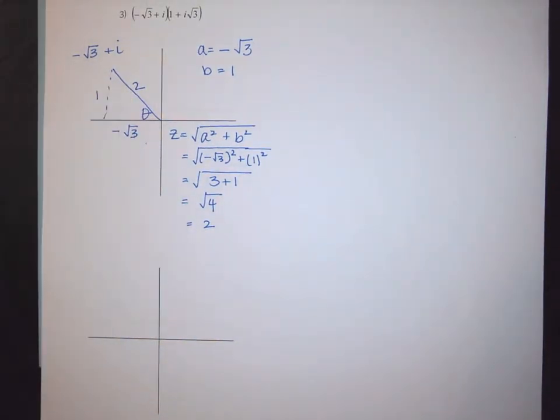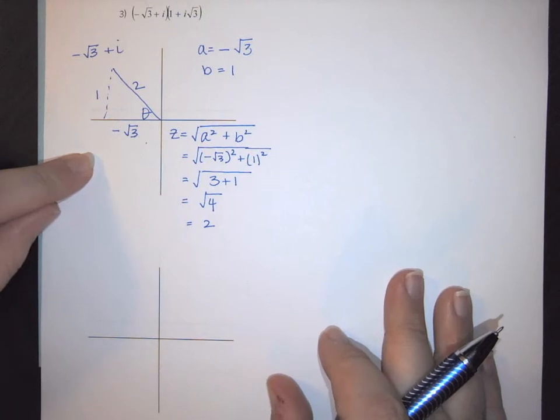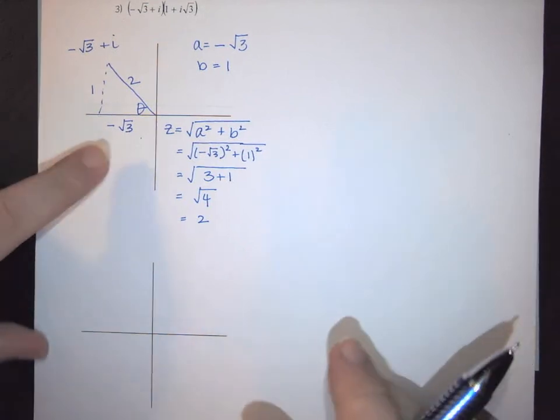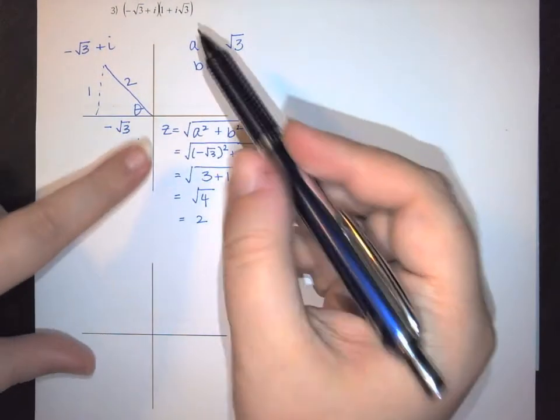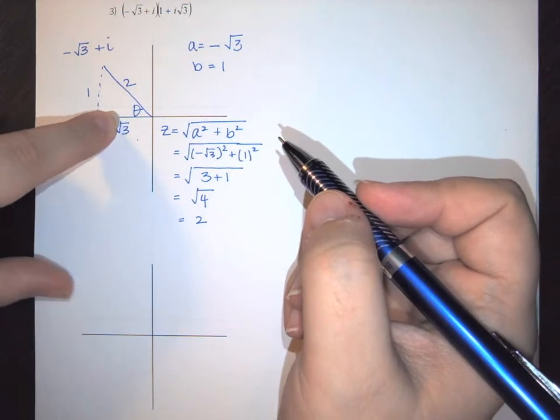Okay. So now that we know that, we know a little bit about this triangle in itself. First and foremost, if we look at this, we can determine what this reference angle is.